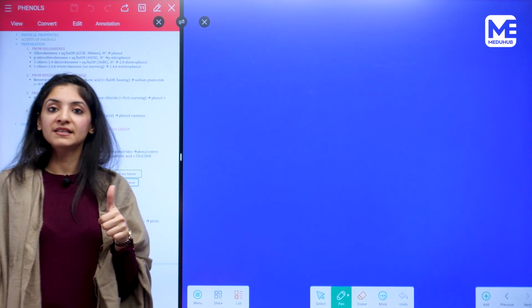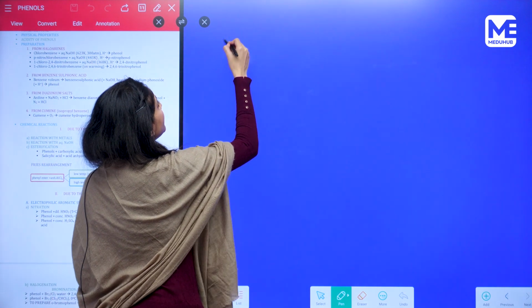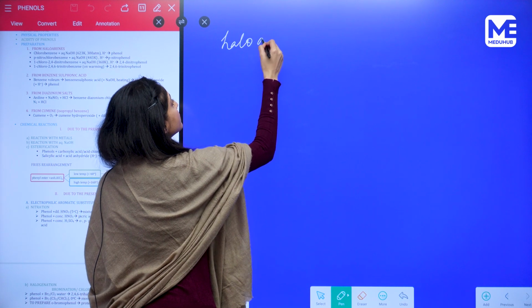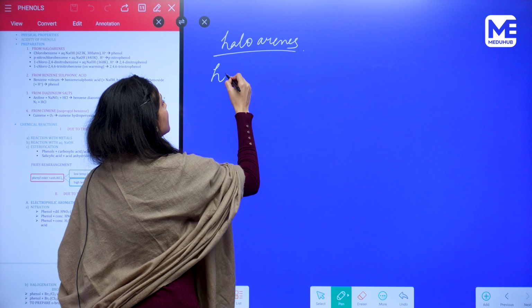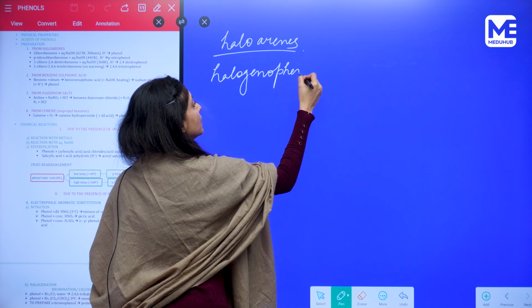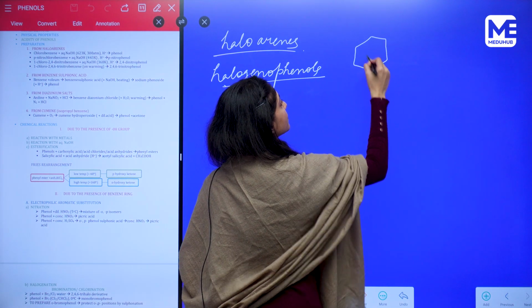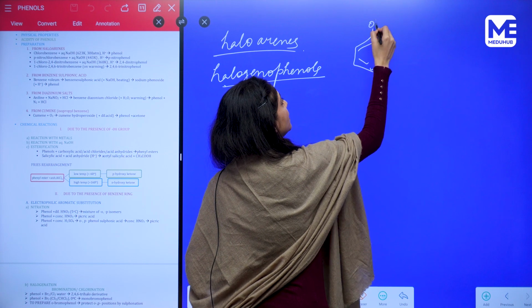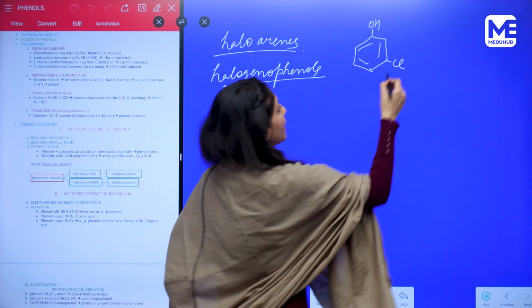Now, can you think of another group which has a plus R and a minus I effect? These are haloarenes. So if we have halogenophenols, halogenophenols would be a phenol with a halogen atom anywhere at the ortho, meta or para.